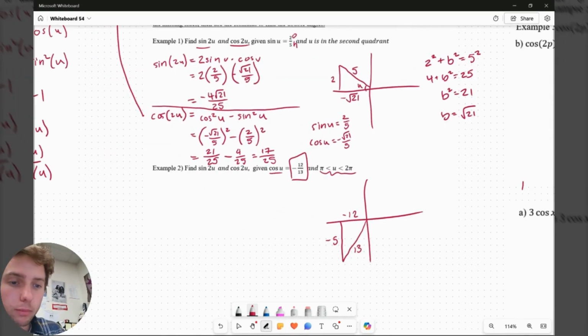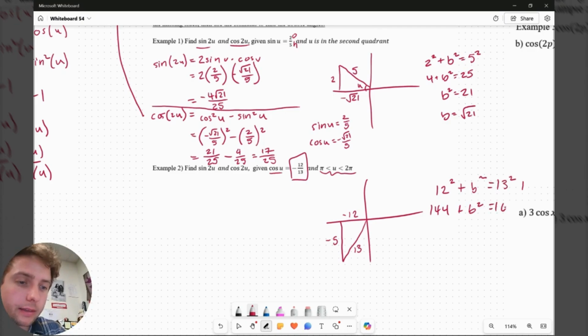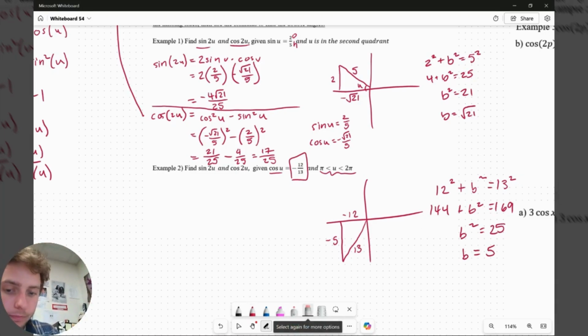I could show that briefly. -12 squared would just be a positive 144. We know 13 squared is 169. Subtract it over, you get 25. And then b would have to equal 5. It's negative because we're in quadrant 3.